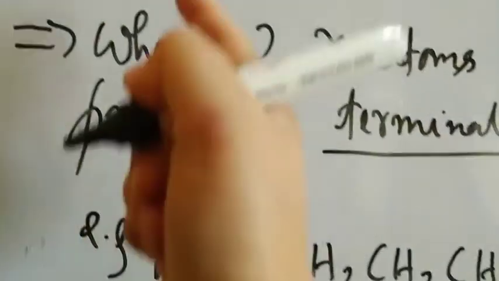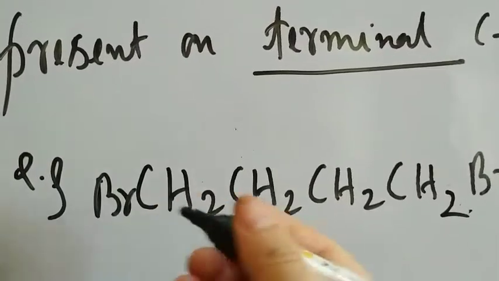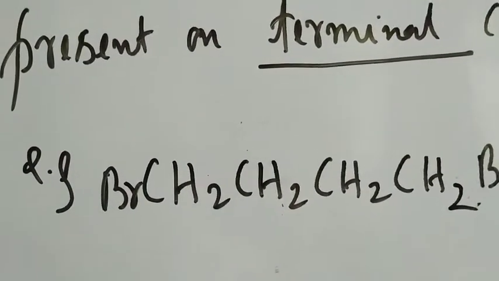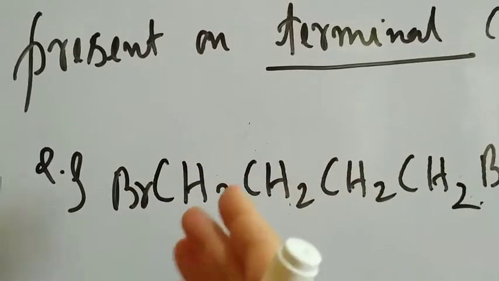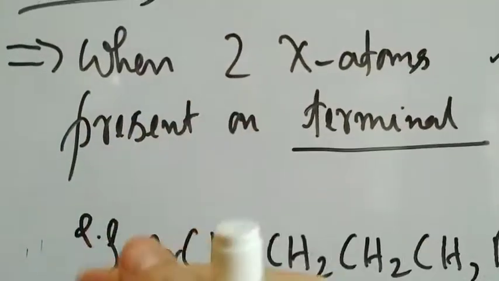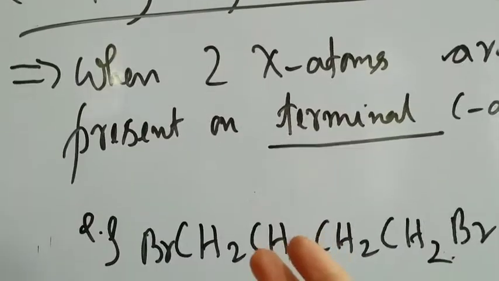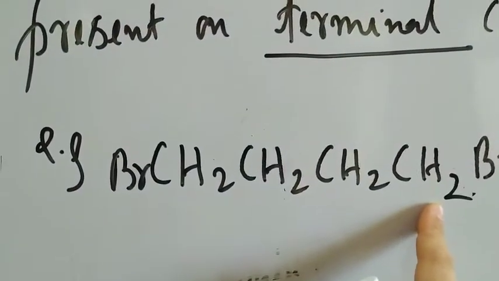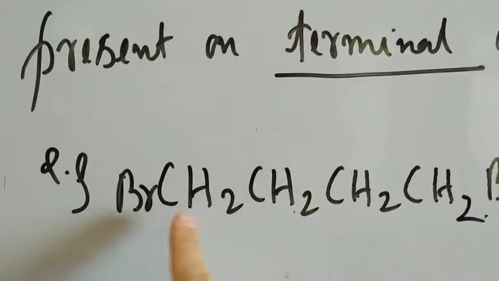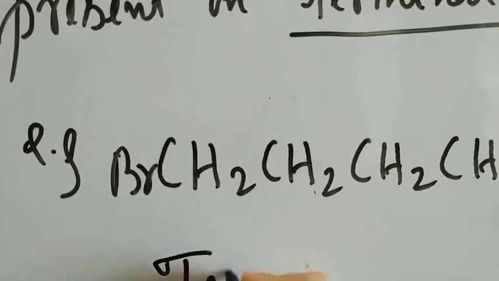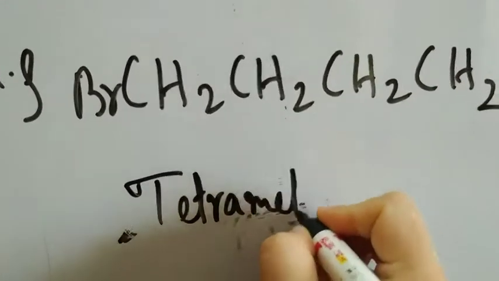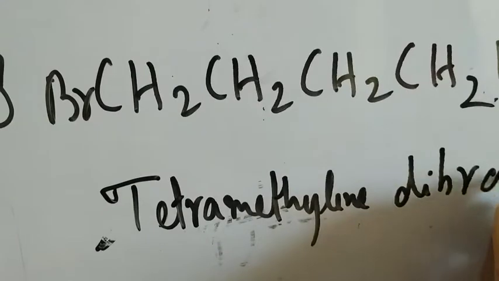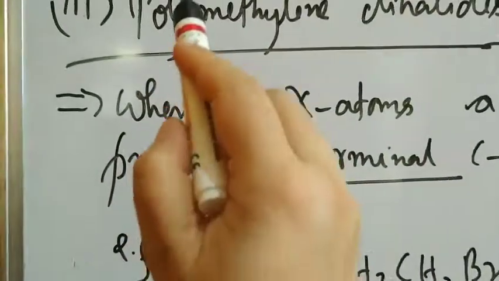Poly stands for tri, tetra, etc. How many methylene groups are there? 1, 2, 3 and 4. This compound is tetramethylene dibromide.